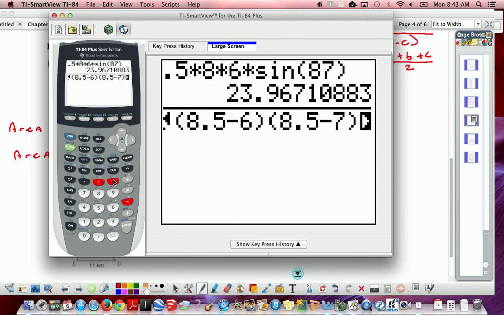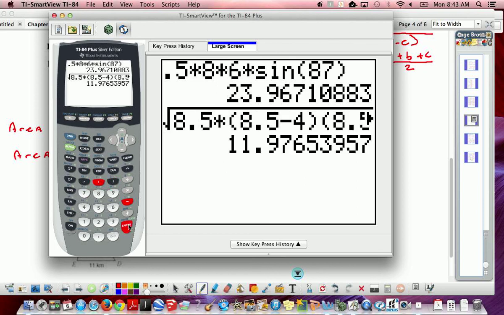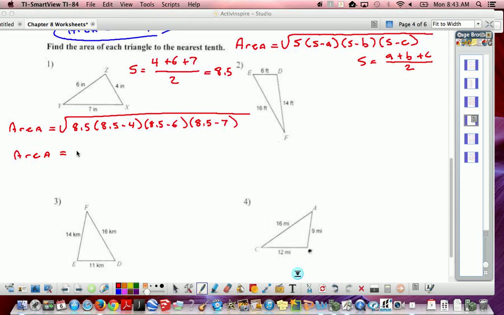So notice how I have everything basically exactly how I have it written. Go ahead, hit enter, get my area, 11.97, round that to the nearest tenth, ends up being 12.0, in this case, inches squared.